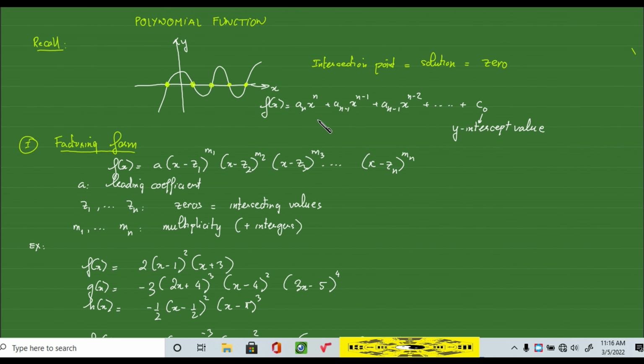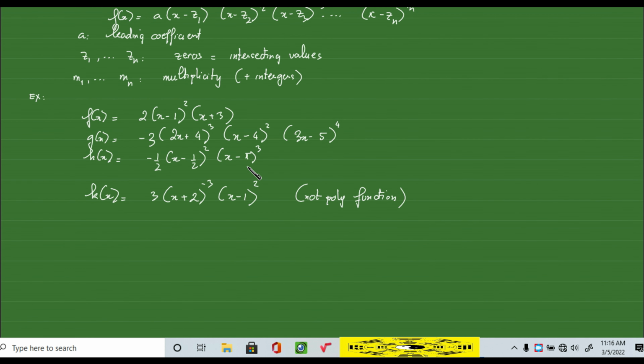If we have it in standard form, we look at the highest degree and we know right away what degree the polynomial function is. However, if it is in factoring form, how do I know the highest degree? How do I determine the leading coefficient? And how do I determine the domain and range? The range could be hard. Probably the domain we can determine, but the range could be hard.